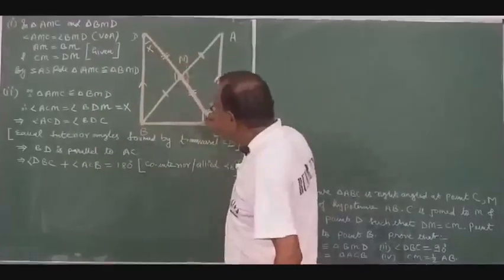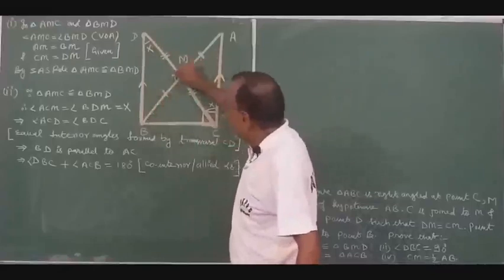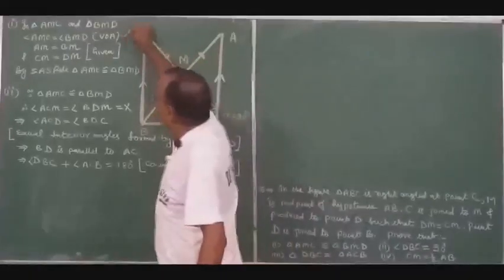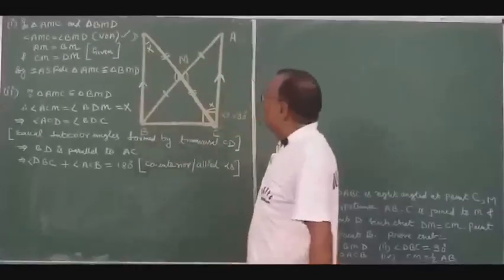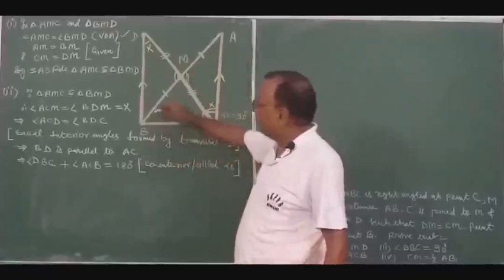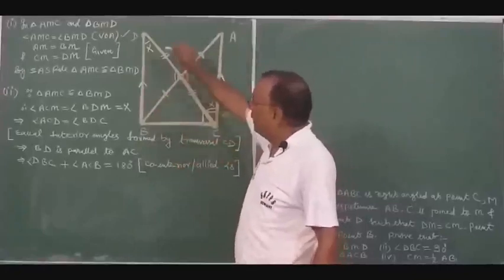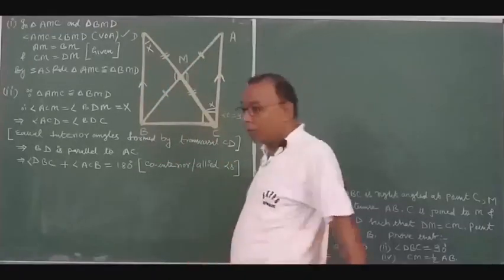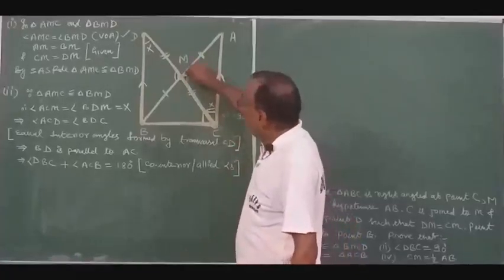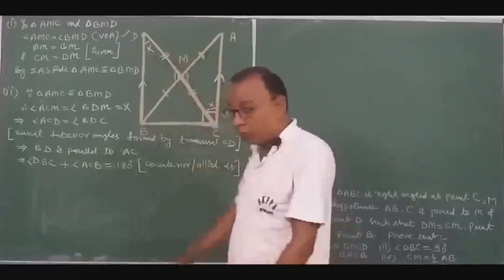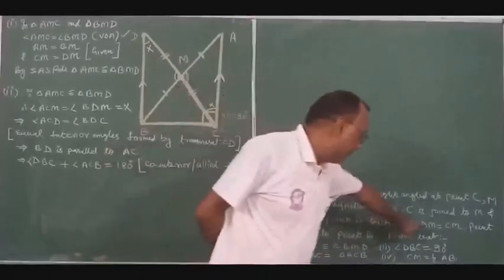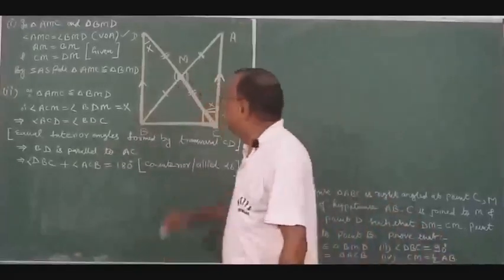One line is this, another line is this. So this is equal to this. They are vertically opposite angles. Angle AMC is equal to BMD, vertically opposite angles. And look at another thing, CM is equal to DM. It was also given in the question that they are produced such that DM is equal to CM.